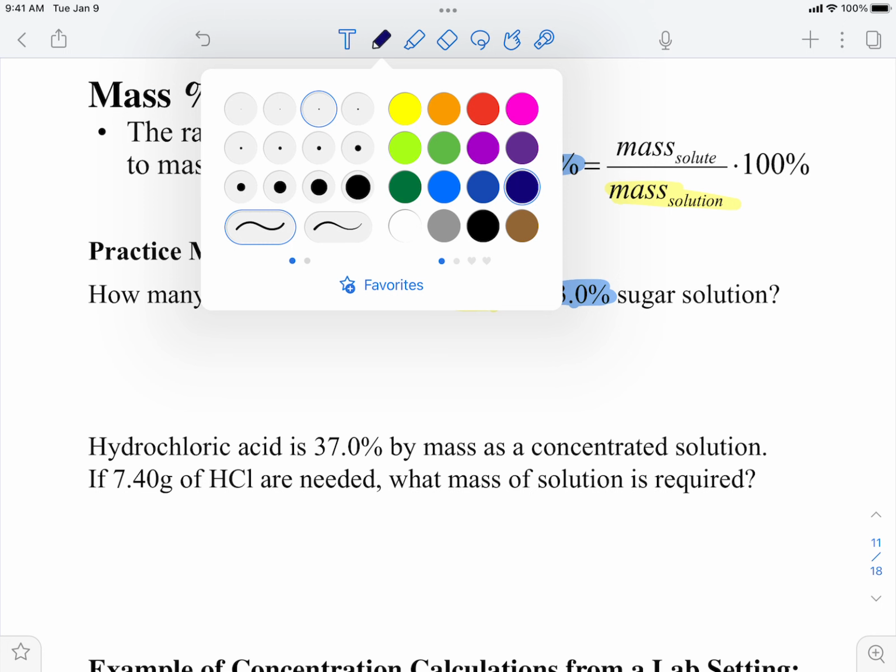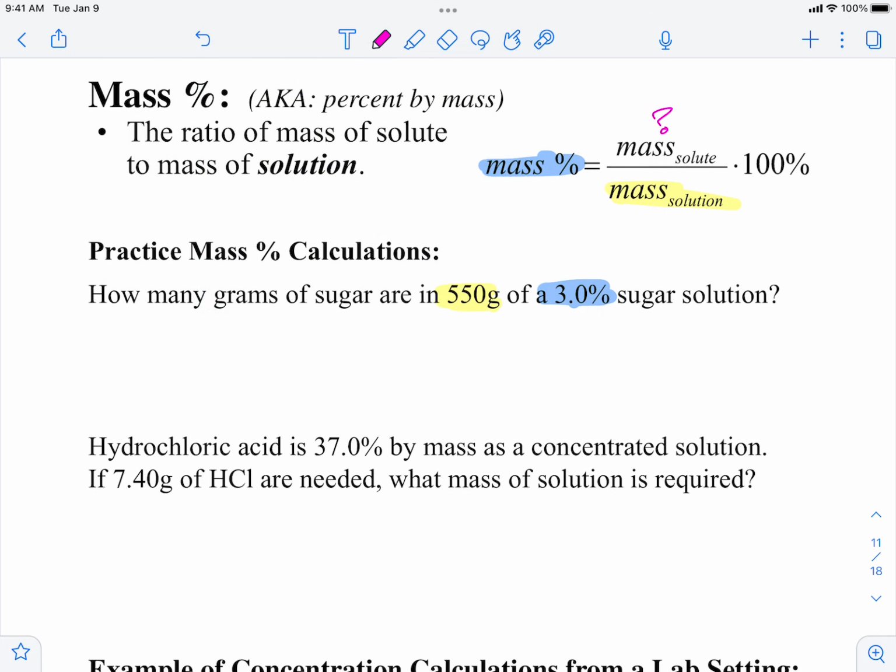So really the question is asking, what's the mass of the solute? Grams of sugar, that's the mass of the solute. So let's start with what we know. The mass percent is 3.0. The numerator is unknown, but the total mass on the denominator is known.